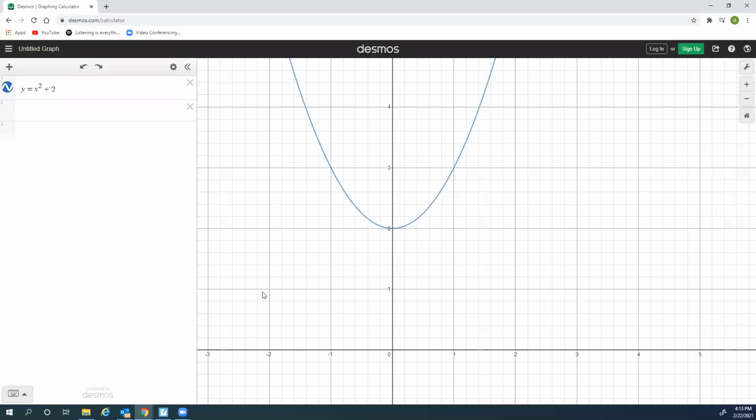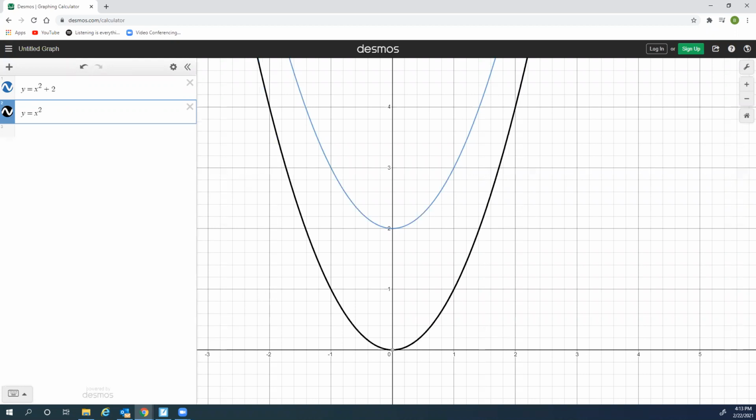All right, everybody, so you should have graphed the equation x squared plus 2. I would also suggest having your parent function in there, y equals x squared, so you can see the difference between x squared and x squared plus 2.